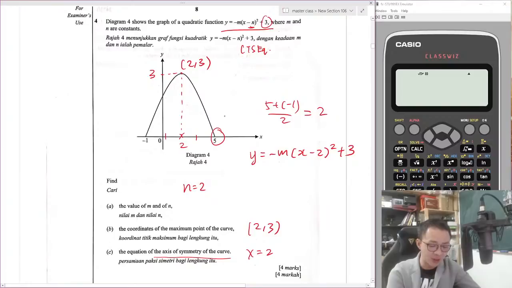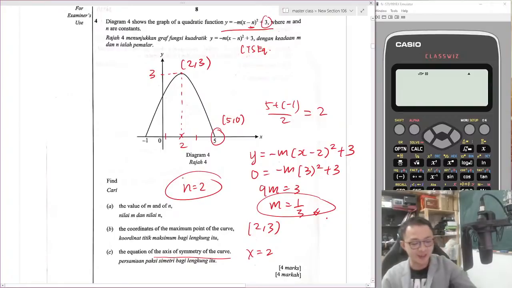I sub this coordinate, which is (5, 0), isn't it? 0 equals negative m (5 minus 2), I get 3 squared, plus 3. So I have 9m equals 3. M equals 3 over 9, 1 over 3. Then I get the m and n answers. So I got all the answers for A, B, and C.